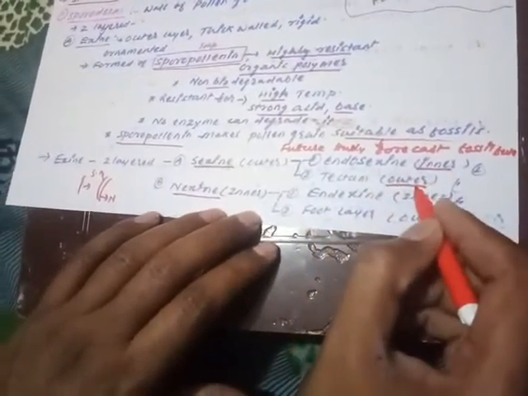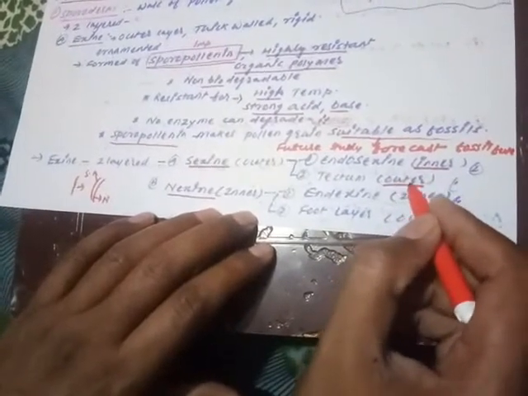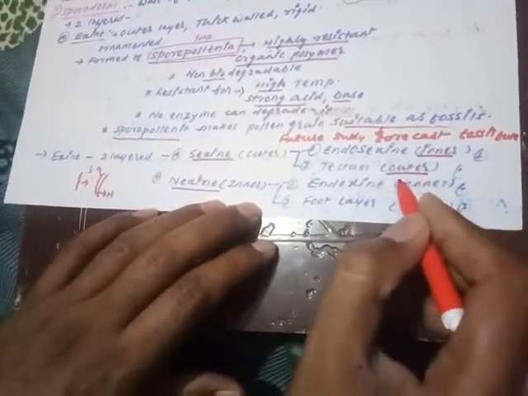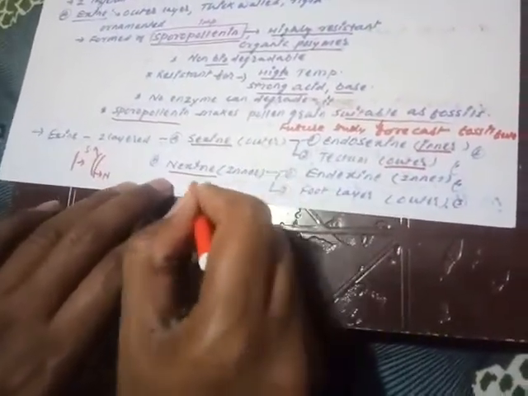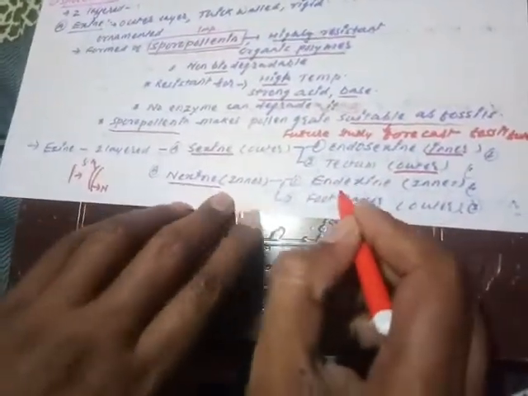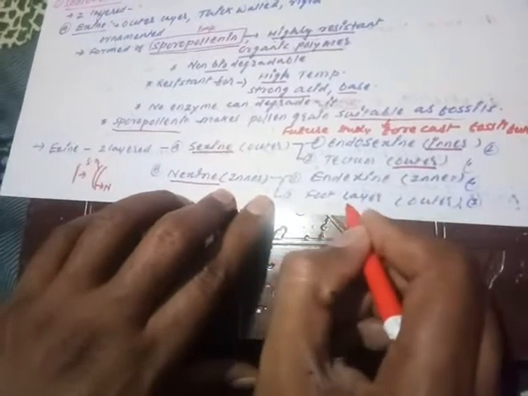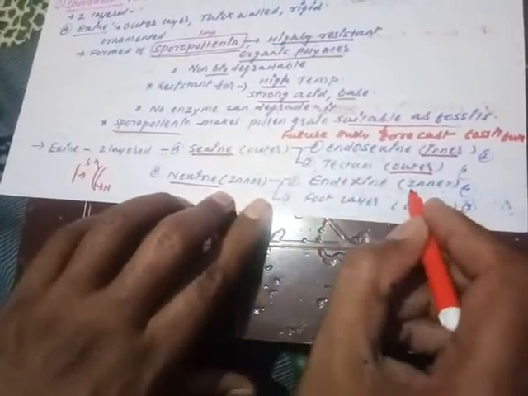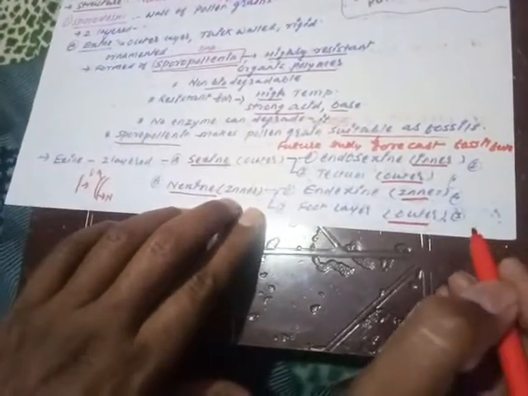The outer one is called tectum and the inner one is called endosexine. The inner layer of the exine is called nexine. The nexine is once again made of two layers, endonexine and foot layer. Endonexine is the inner one and the outer one is the foot layer.